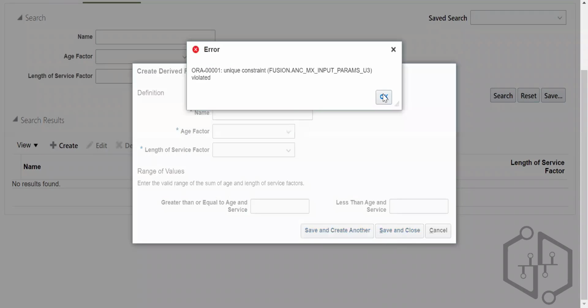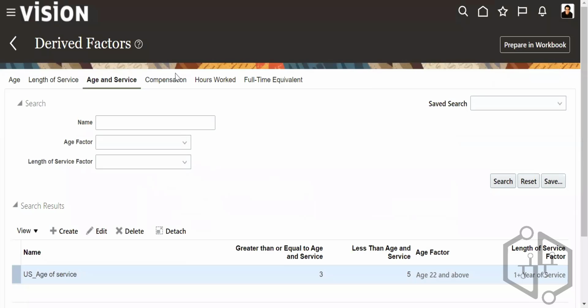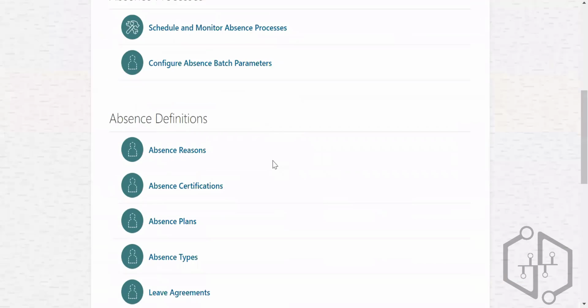Oh, I have clicked on this one. Cancel this. Okay, compensation, and this is the way you create. The rest of the things you create the same way. This is the way we create absence drive factors.